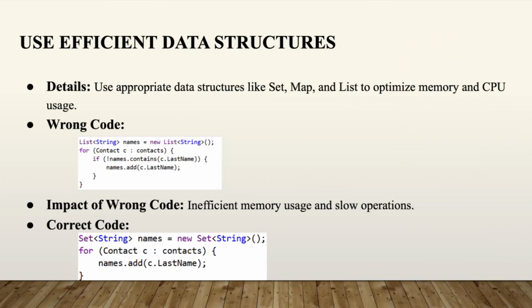So next thing is using the efficient data structure. Wherever possible, we are already using set and map, but we need to make a clear decision whether we need to use the list or set for the given use case. For example, in the first, for storing the last name, list is used, but in the second, set is used. If you are using the list, we are going to store a lot of data, and if you are using the set, we are going to store less data because it's unique.